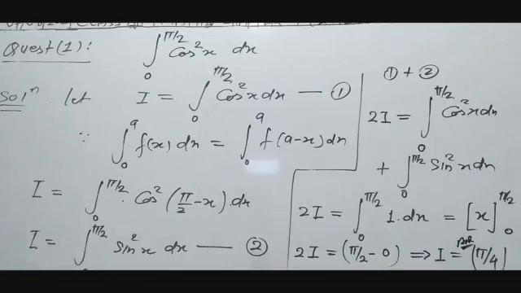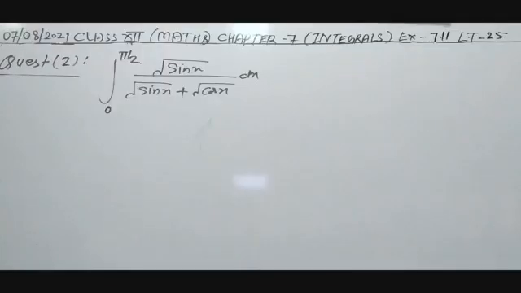See, now come to question number 2. Question number 2 is integration over 0 to pi by 2 root over sin x whole upon root over sin x plus root over cos x dx. Now first of all you will consider the solution.